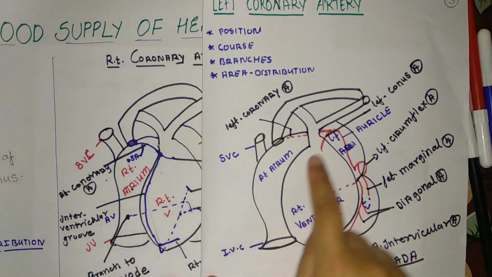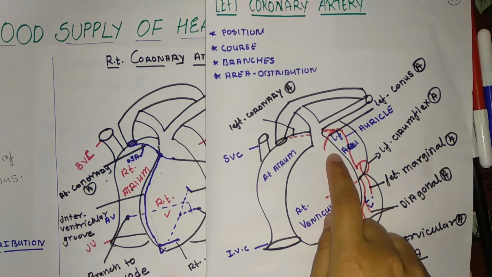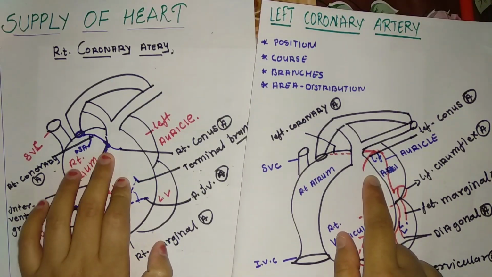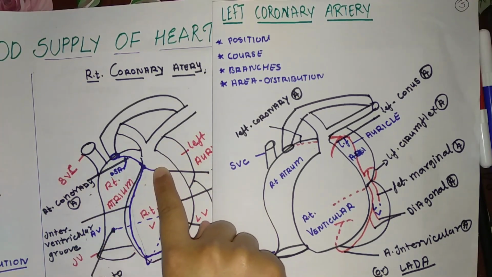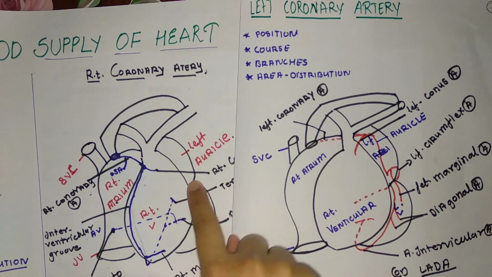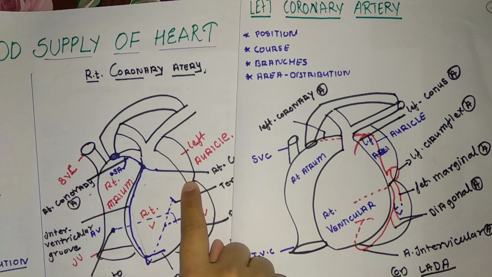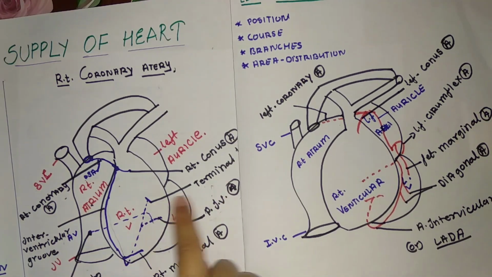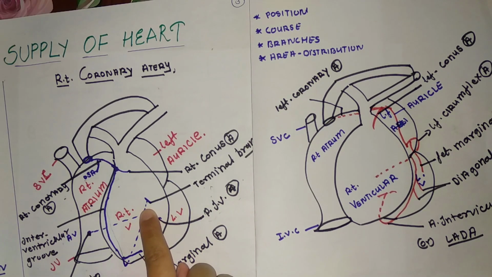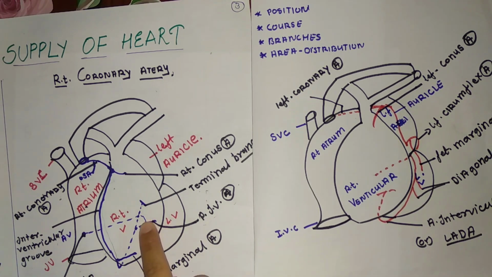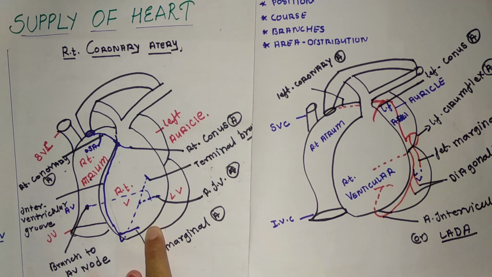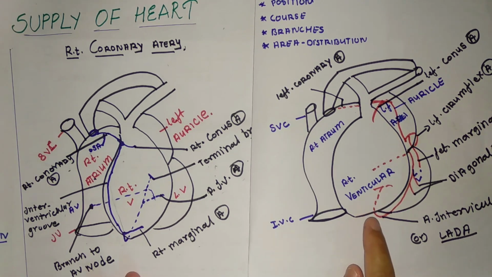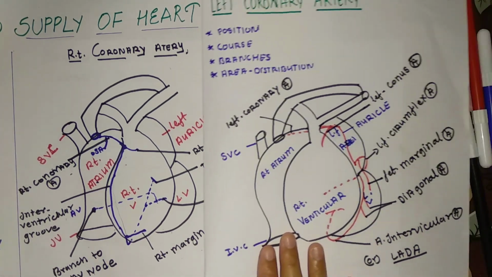The left conus artery anastomoses with the right conus artery. When we draw it like this, it comes here and anastomoses. The circumflex artery of the left coronary artery anastomoses with the terminal branches of the right coronary artery. And when we descend downward, the terminal branches anastomose with the terminal branches.